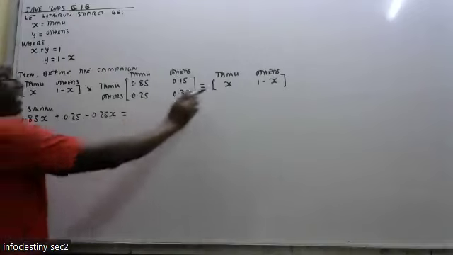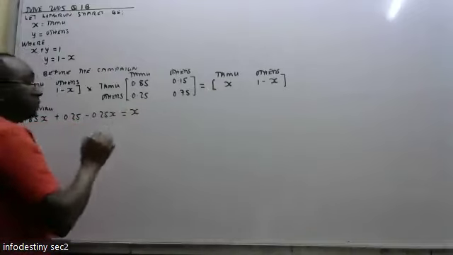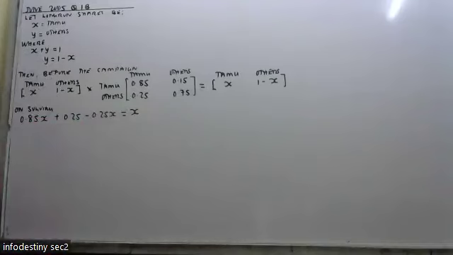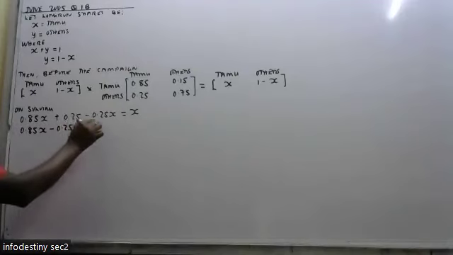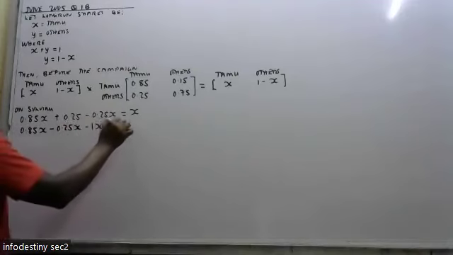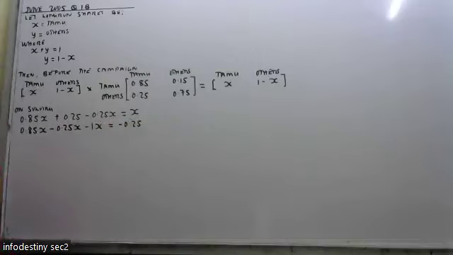These should give us X. So we say 0.85X minus 0.25X minus 1X is equal to minus 0.25, putting like terms together.